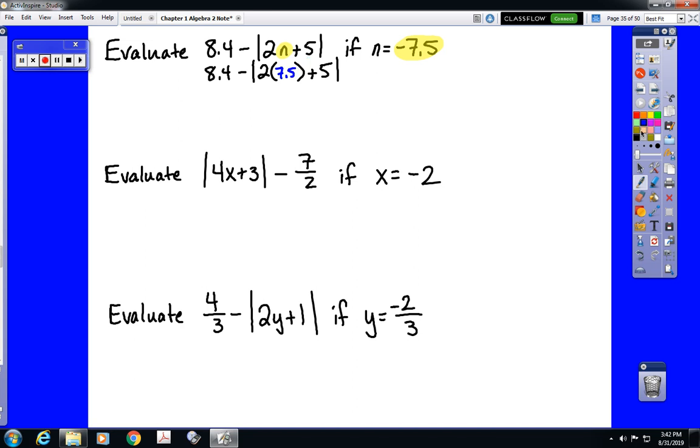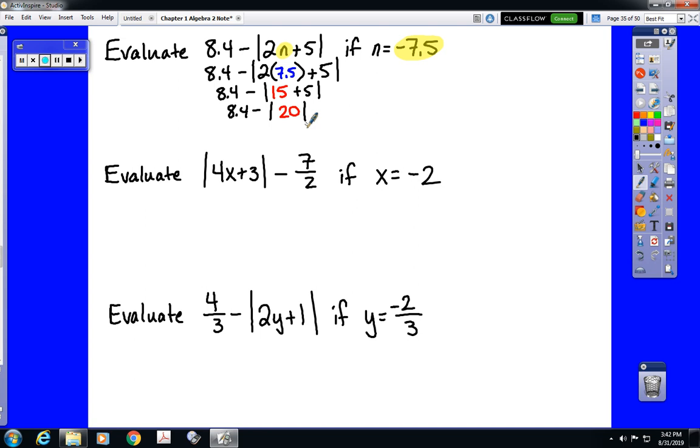We're going to start by carrying out 2 times 7.5 because we're following PEMDAS. That is 15 plus 5, still inside those absolute value symbols. 15 plus 5 is 20, giving us 8.4 minus the absolute value of 20.